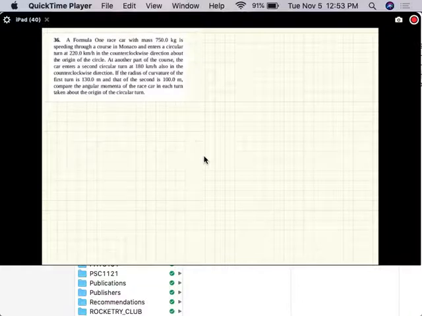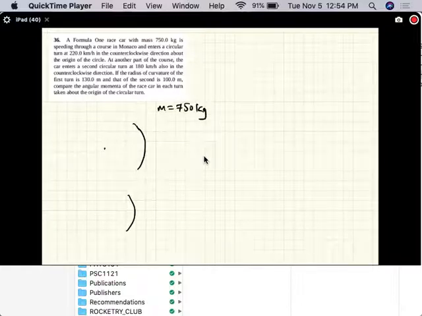Okay. So I'm just going to draw this. Okay. So the mass of the car is 750 kg.